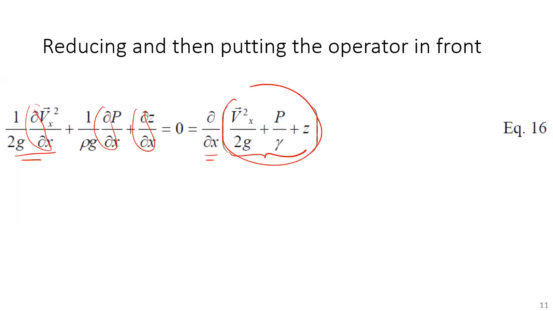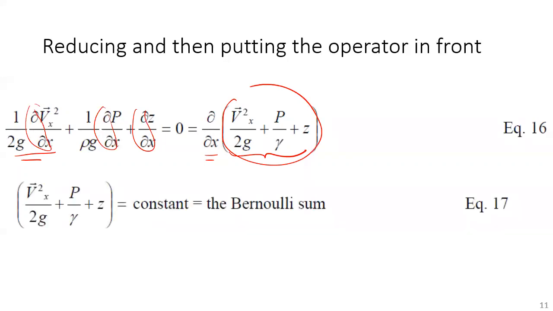If the derivative of something is 0, what must that something be? Constant. That'd be a constant, right? This is like your first calculus course. Yeah, that's absolutely correct. So v squared over 2g plus p over gamma plus z is a constant, and we call that constant the Bernoulli sum, capital B.